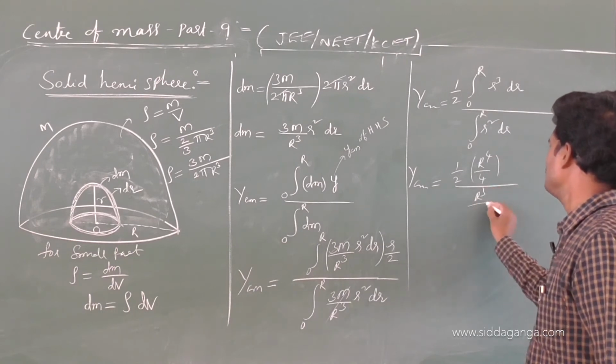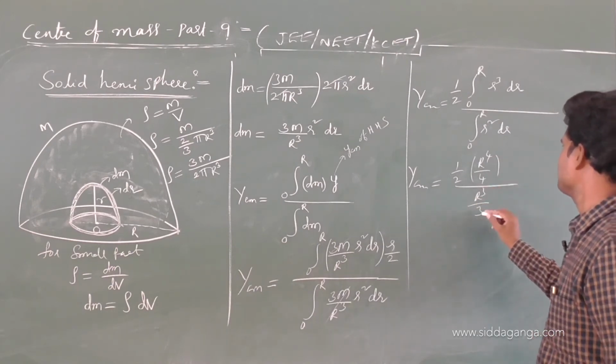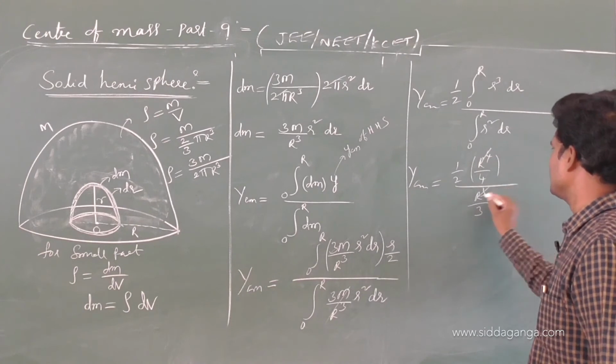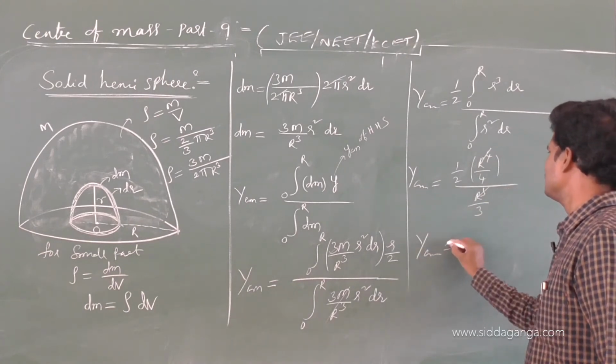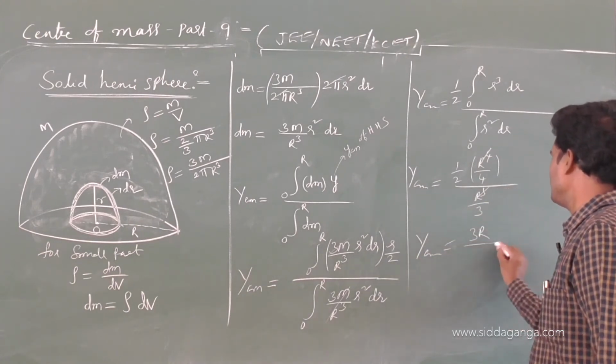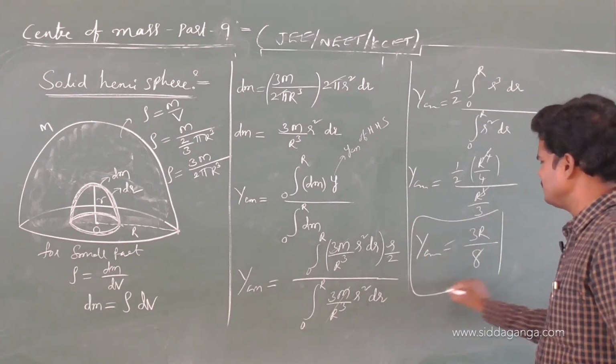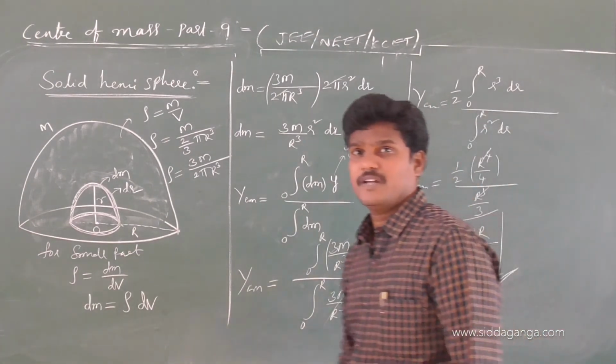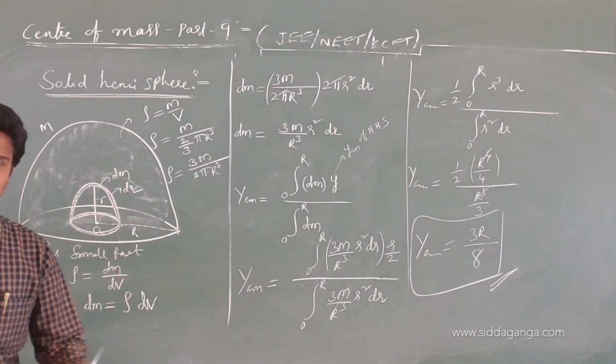R cube gets cancelled. Check the calculations: I am getting 3R by 8. Verify once. Yes, 3R by 8.